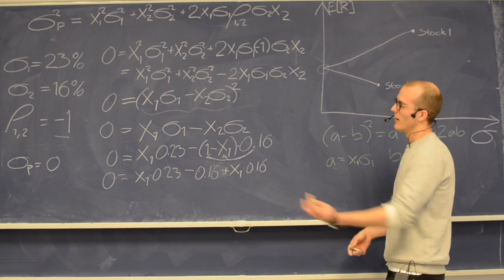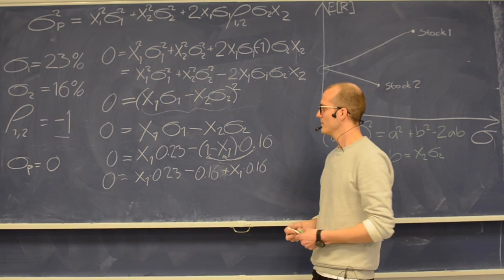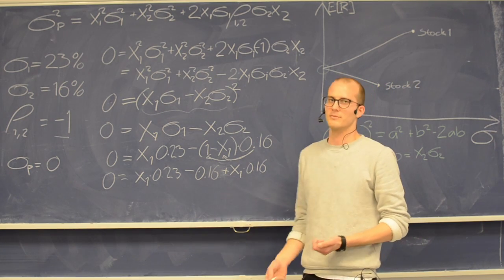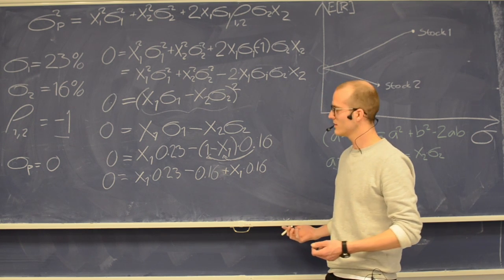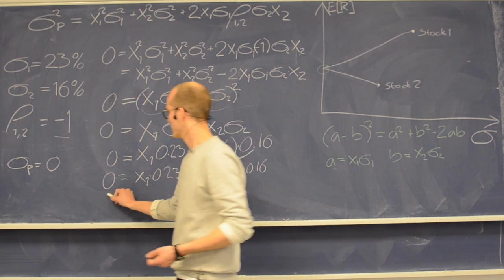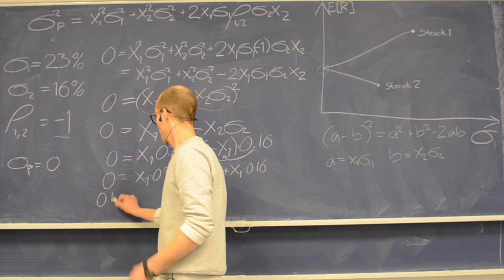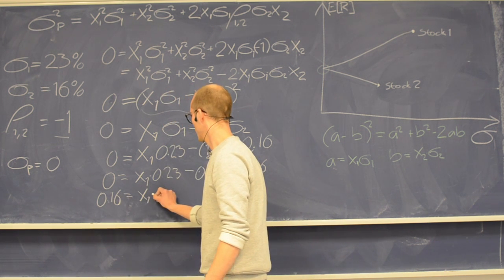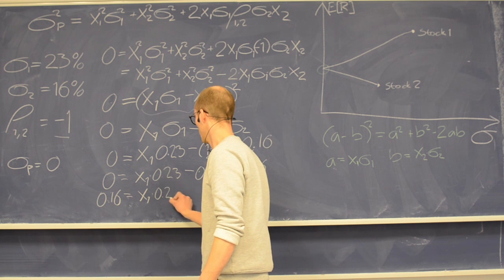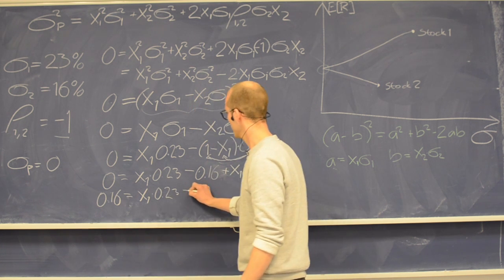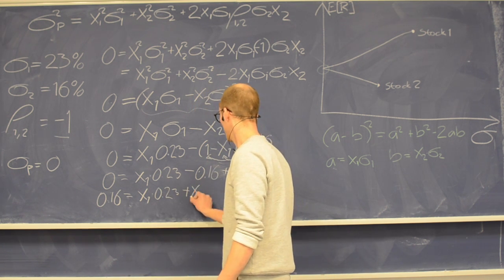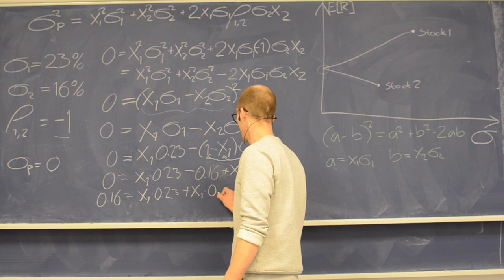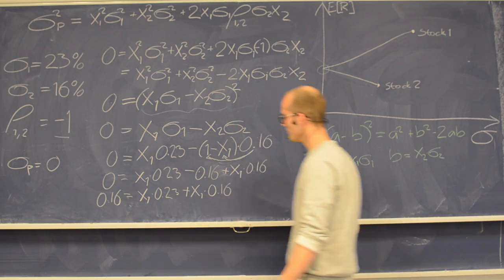Now to get all the x's on one side, we can add 0.16 to both sides. So we have that 0.16 is equal to x1 times 0.23 plus x1 times 0.16.